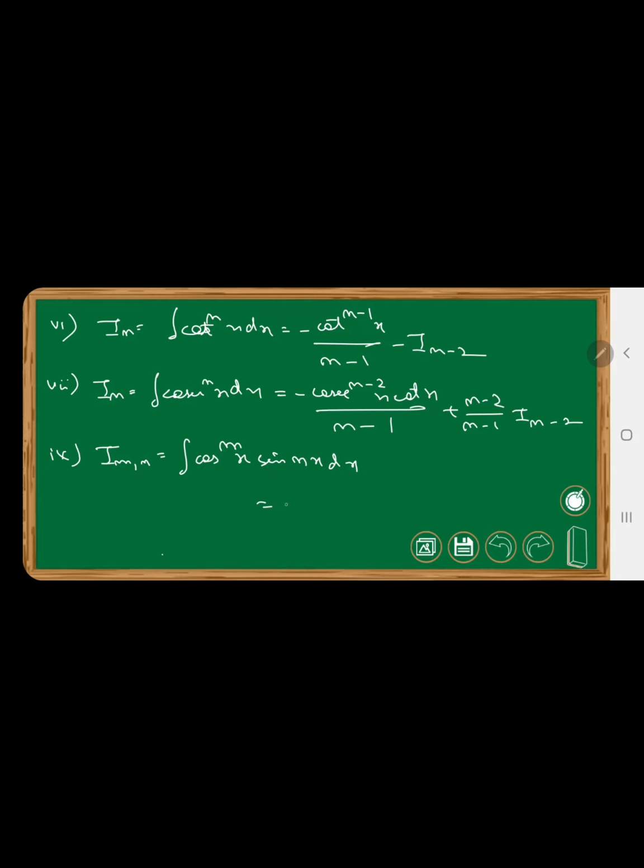This is equal to minus cos^m x cos nx over (m+n) plus m/(m+n) I_(m-1,n-1).